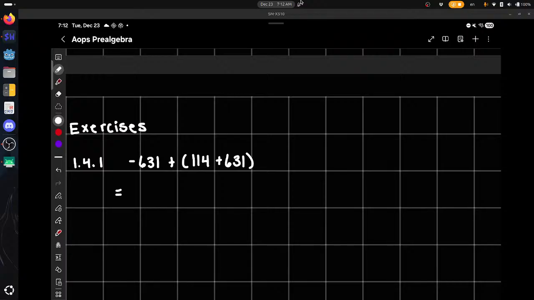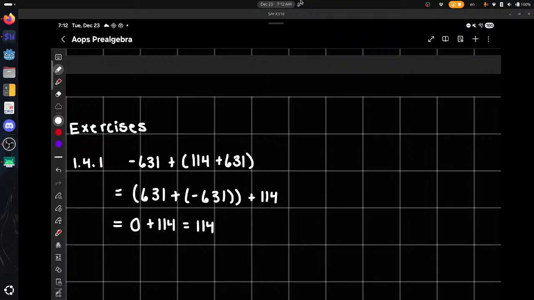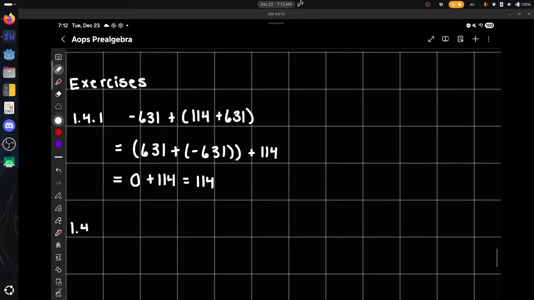Yeah, we could just move those numbers around. So let's take the positive 631, its negation, and then 114, and we're left with this. Okay, that one was easy.